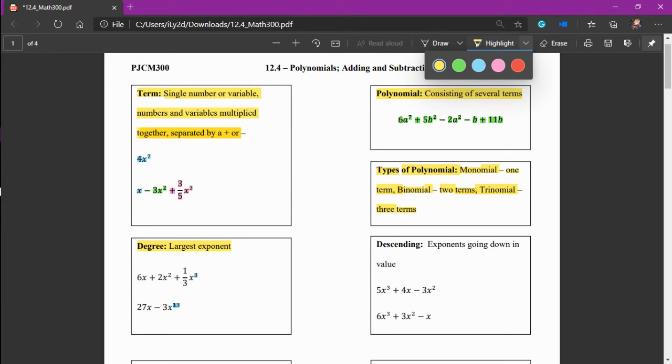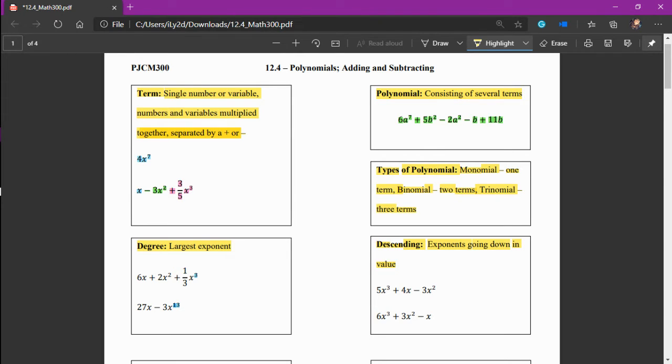Okay, go to your right: descending. I know everyone probably knows what this means, but it is very important when we're talking about polynomials and solving them. Whenever you see something saying to write it in descending order, what that means is your exponents are going down in value. So the first polynomial would not be in descending order because the exponents go 3, 1, 2.